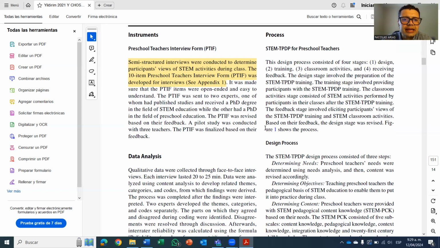And they say that in the instrument, semi-structured interviews were conducted to determine participant views on STEM activities during class. The 10-item preschool teachers interview form was developed for interviews. They present that as an instrument, but they are talking about how they made observations and lesson plans also.